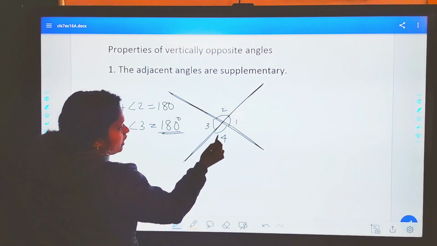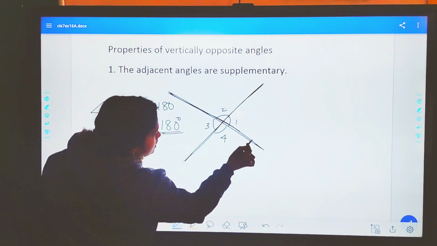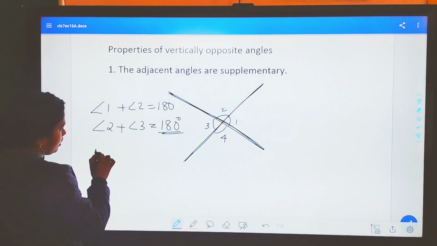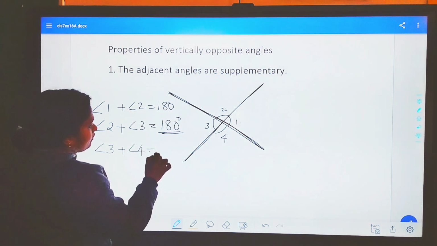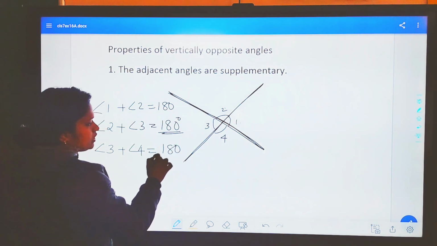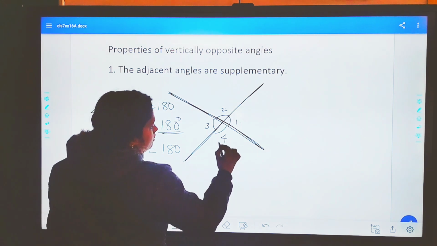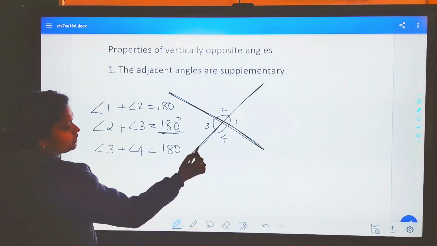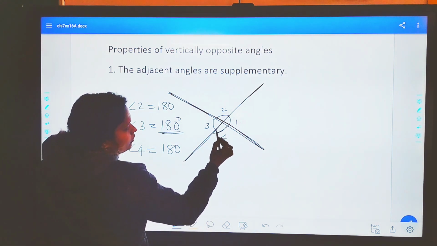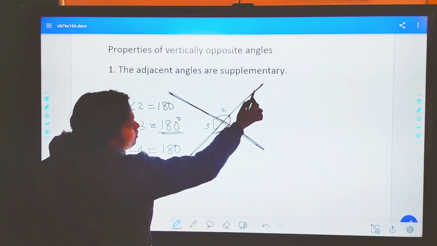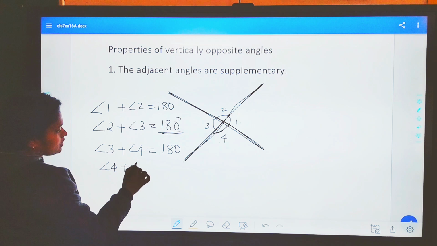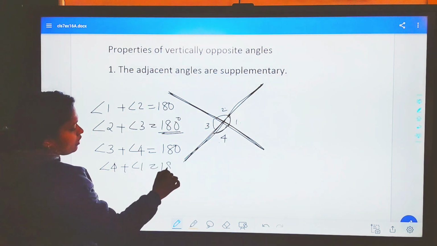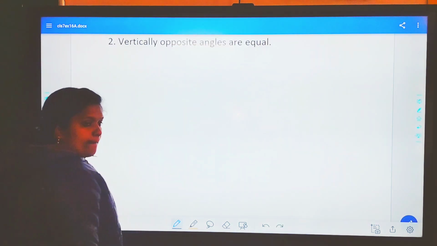If you take 3 and 4, on this straight line, angle 3 plus angle 4 is equal to 180. Then if we take angle 4 and angle 1, on this straight line, angle 4 plus angle 1 is equal to 180 degrees.